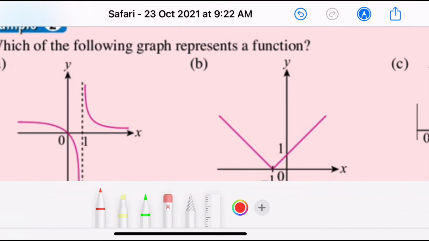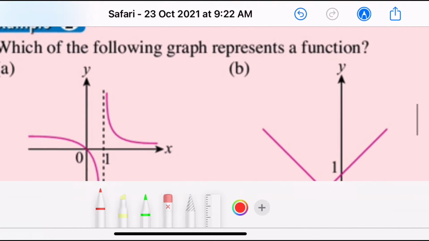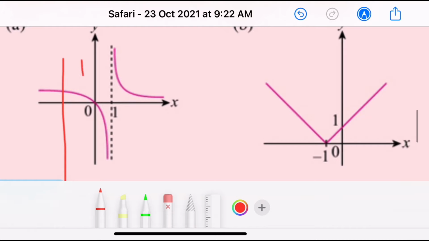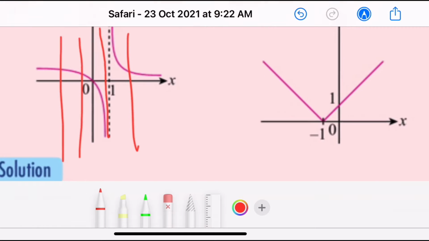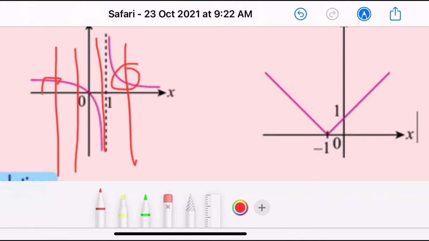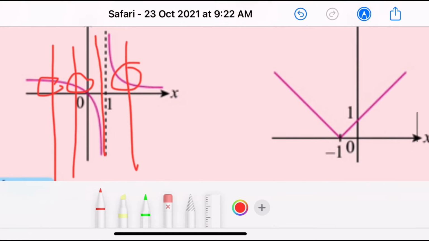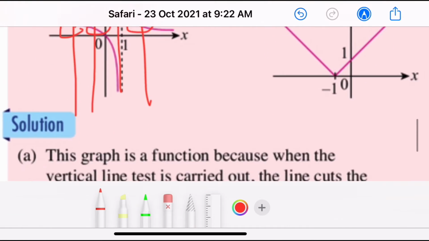So let's see the example. Which of the following graphs represents a function? Let's draw the vertical line. We can draw the vertical line like this. For this part, it does not cut any point, but here we have one, we have one, we have one. So what do you think about this graph? Is it a function?